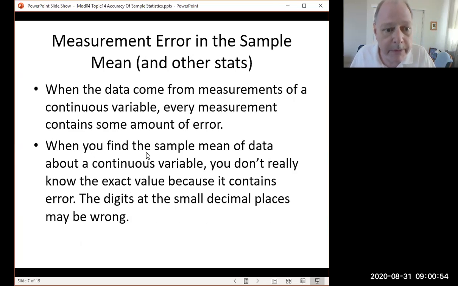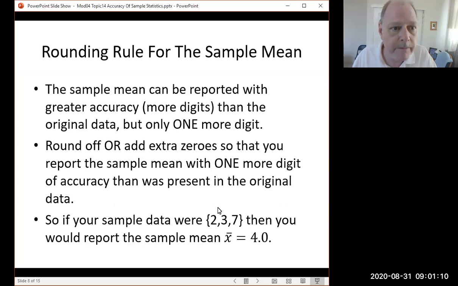When you find the sample mean, you don't know the exact value of the mean, because each one of the individual variable values that went into the mean has error. So the digits at the small decimal places may be wrong. Now the standard is you can report one more digit than the original data had.